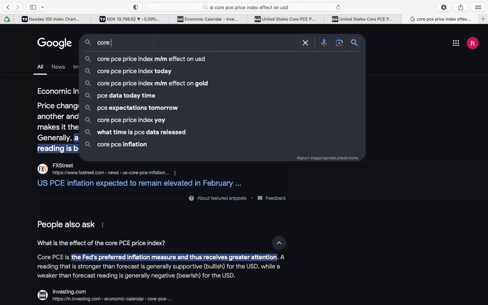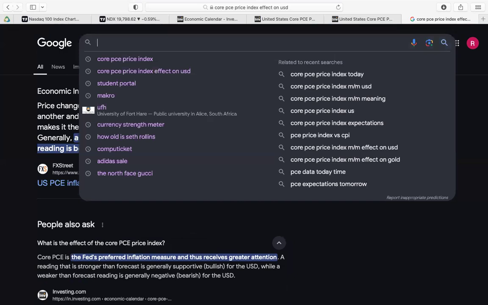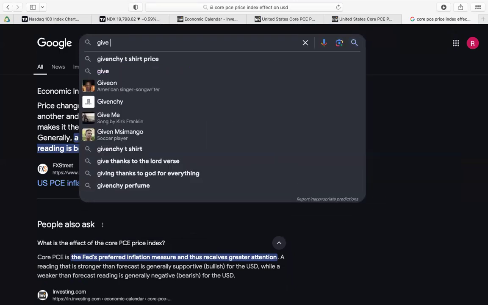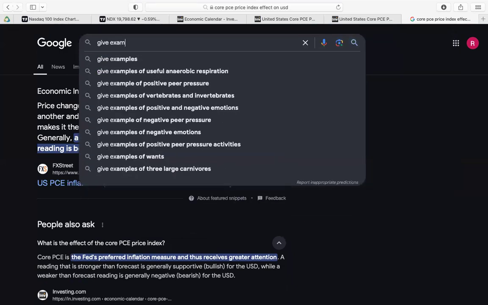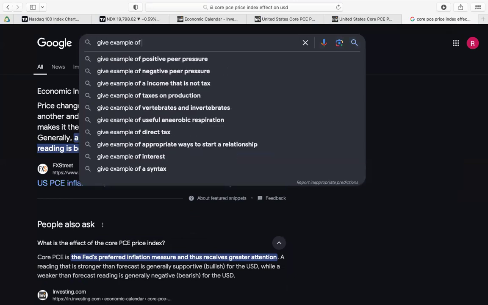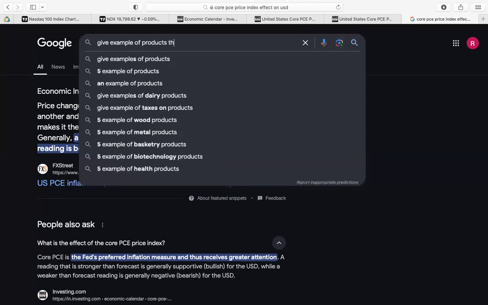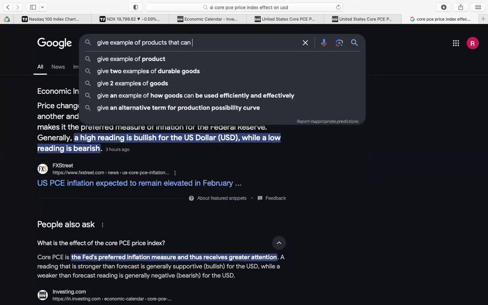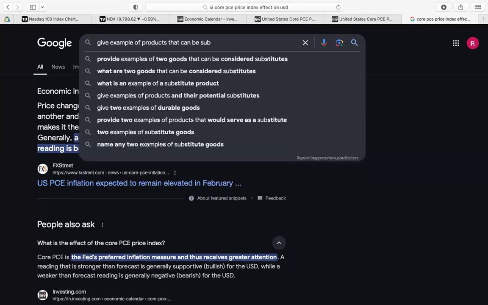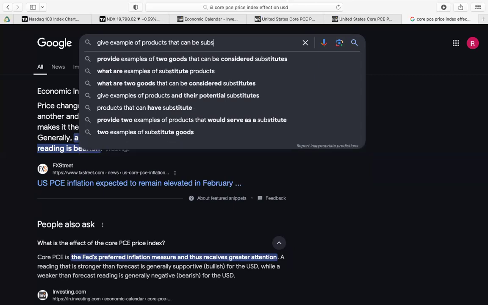Give example of products that can be substituted. You can use things like cars, electronics, and furniture. Cars, electronics. Yeah, nice. Substitutes.